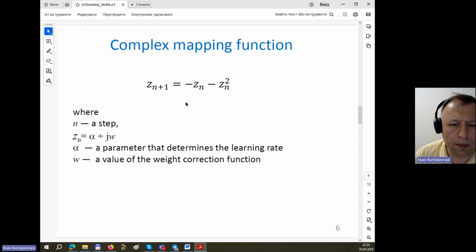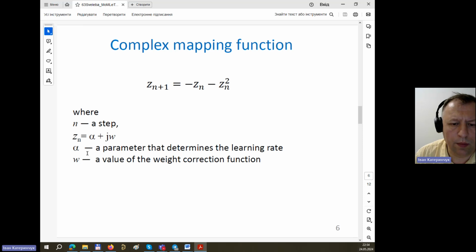Taking into account the peculiarities of this mapping, namely that the variable is a complex quantity, with the real part being the training step alpha and the imaginary part being the value of the weight correction function W, the image of the fractal structure was produced in the coordinates of the value of the correction of the training weight W and the training step alpha.